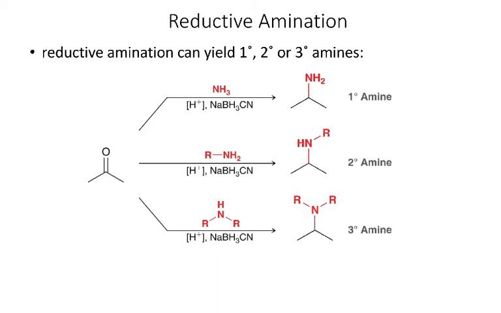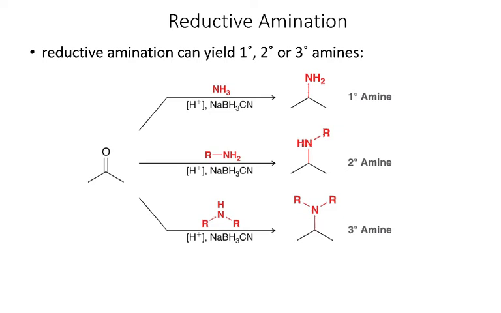Now, another useful thing for this reductive amination is that it works not only when I convert my aldehyde or ketone into an imine by reacting with ammonia or a primary amine, but if I turn my aldehyde or ketone into an enamine by reacting with a secondary amine, I can still get the amine at the end.